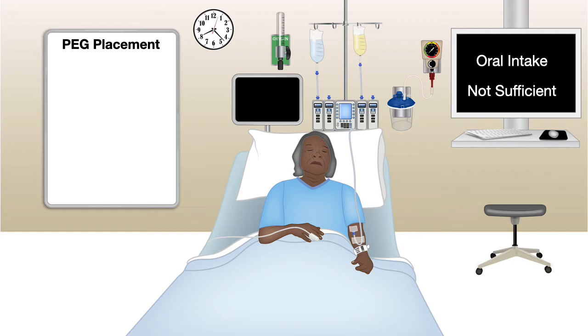Before you place a PEG, it is important to give preoperative antibiotics, typically 30 minutes before the procedure.